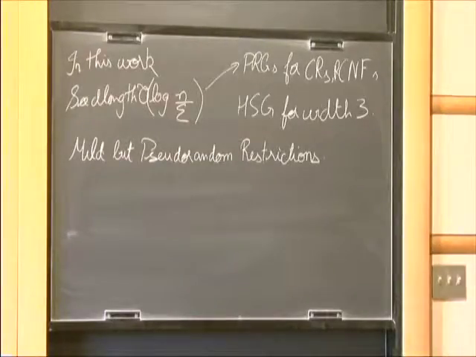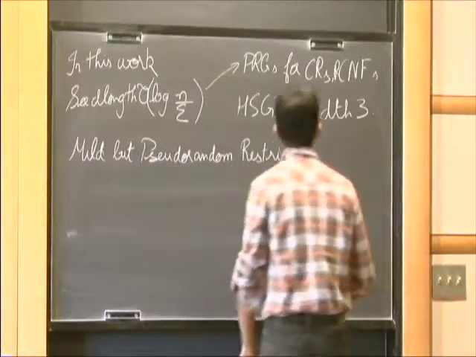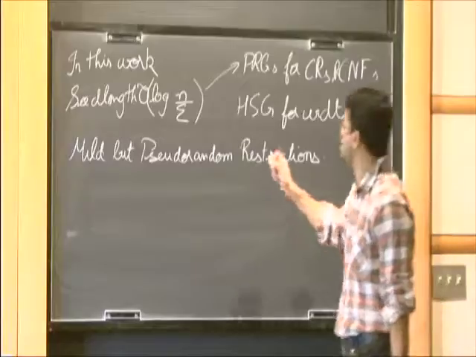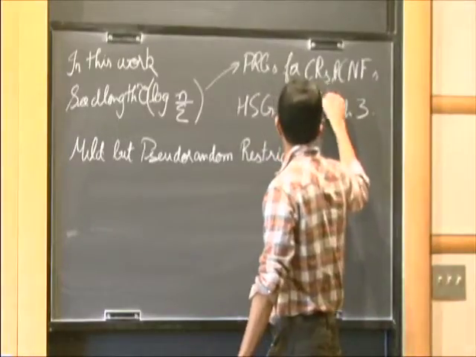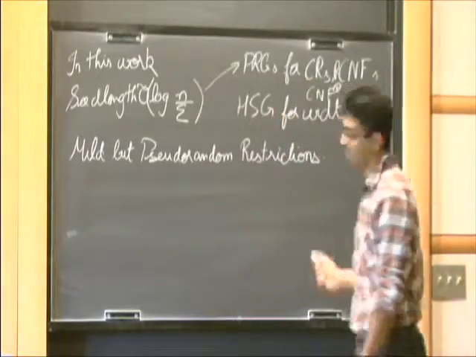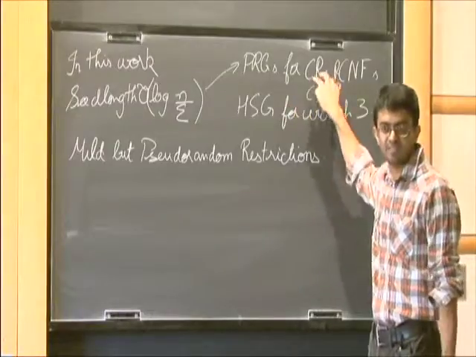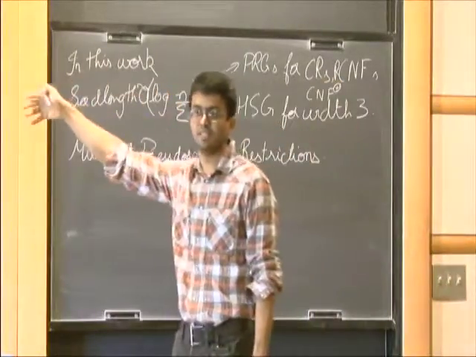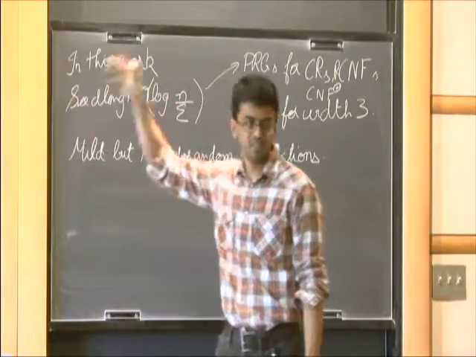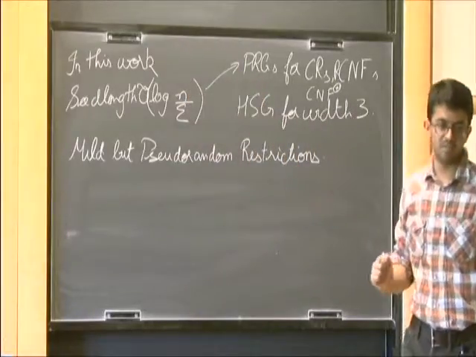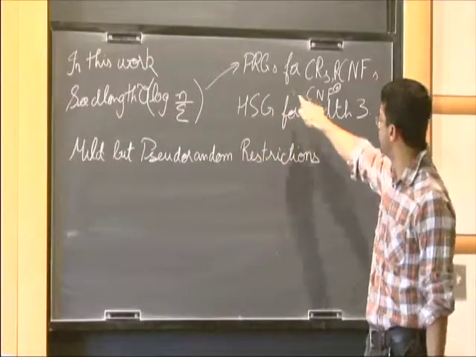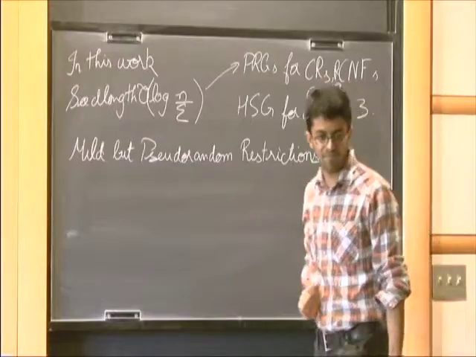There was nothing known about this class before, but that's only because no one cared about it before us. And for this class, we actually get a PRG. And since a hitting set generator for this class suffices to get a hitting set generator for width 3, we get a hitting set generator for these things. So the thing you're random restricting is really the CNF with parity.